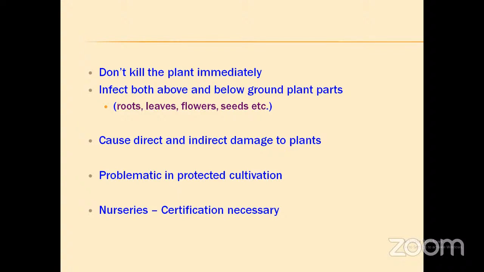As in your studies also, we learned that pathogens will enter once there is a mechanical damage. So once the nematodes cause damage to the plant system, immediately the secondary pathogens will enter, especially fungal and bacterial. So it causes direct and indirect damage to the plants. It is more of a problem in protected cultivation, that is, nurseries.